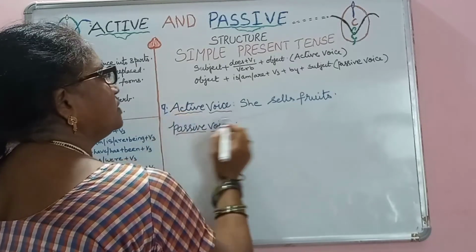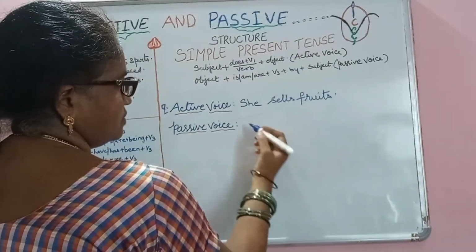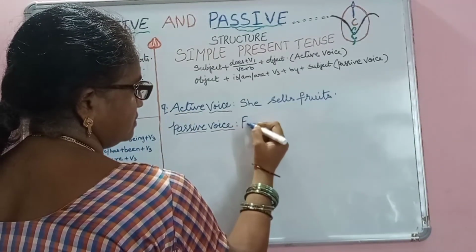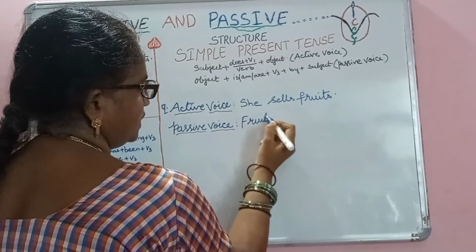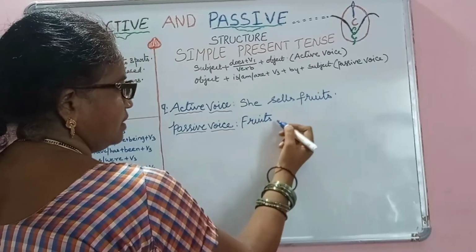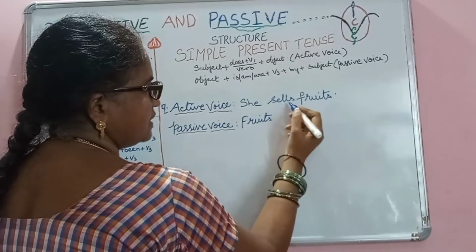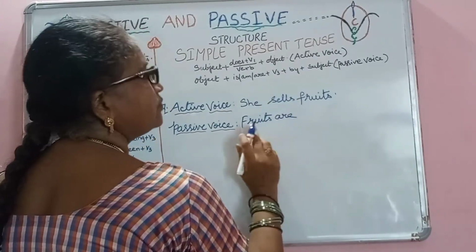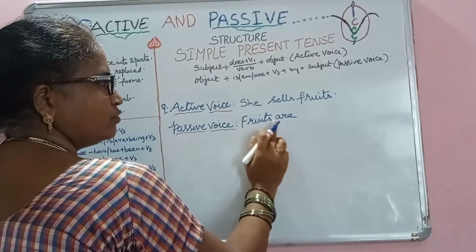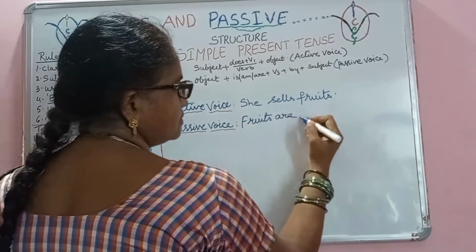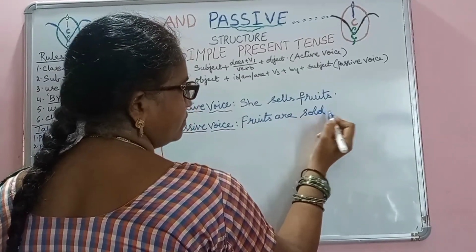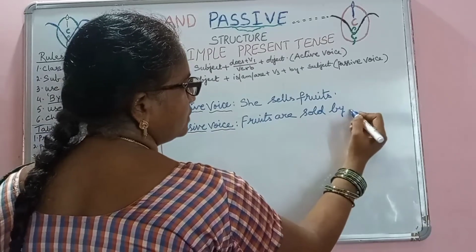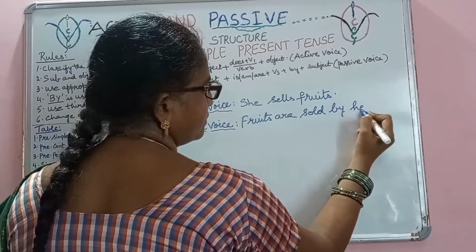So this is the 9th sentence. Here, she sells fruits. Put an object over here. Fruits. Sells will come with are, as the fruits is a plural form. Fruits are sold by her.